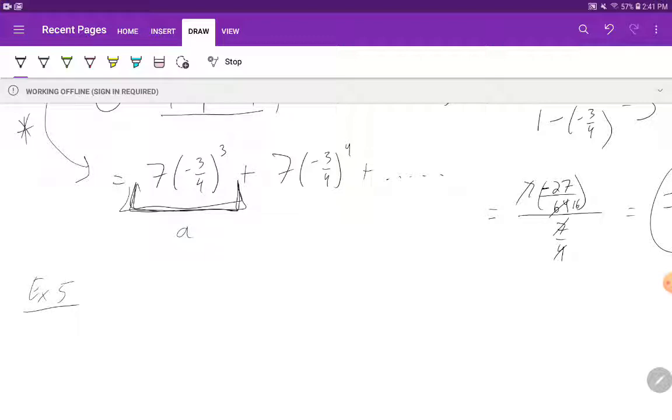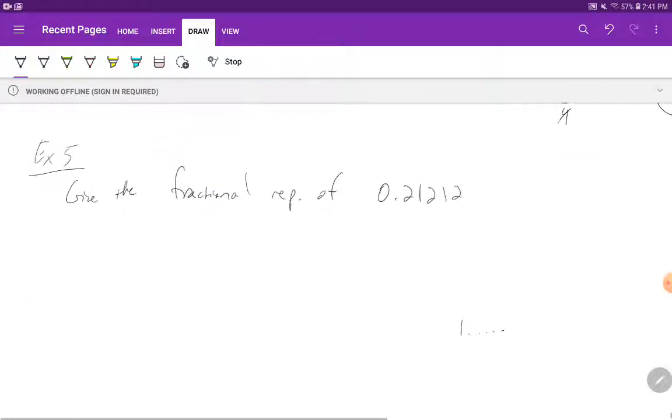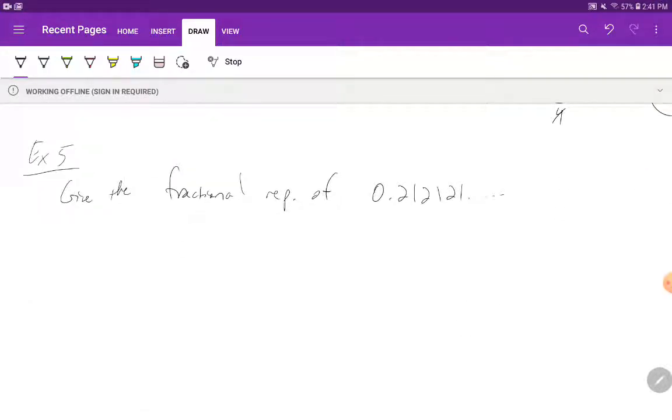Okay, so they're saying give the fractional representation of 0.21 repeating. 2121 dot dot dot. Give the fractional representation of 0.21 repeating, right?